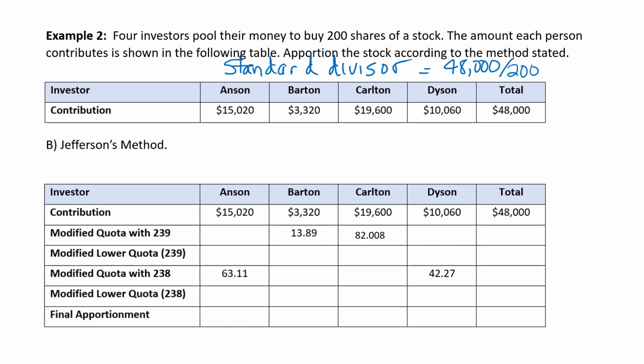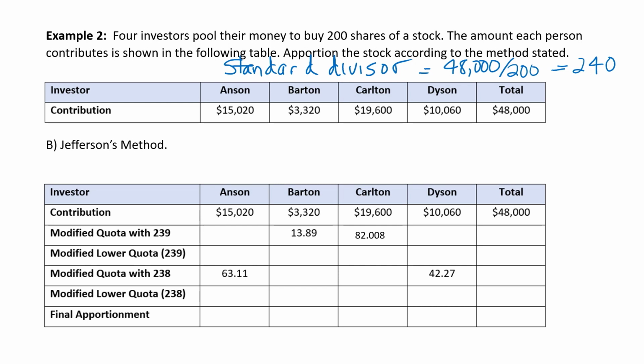That's 200 shares of stock. So we have a standard divisor of 240. Part B says use Jefferson's method. For Jefferson's method, we find a suitable modified divisor and then add the lower quotas.